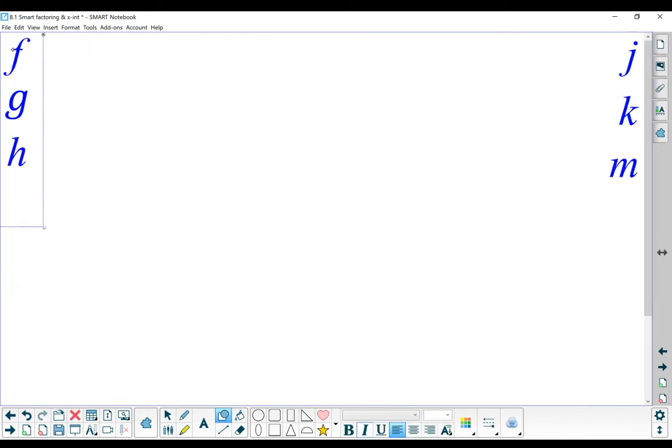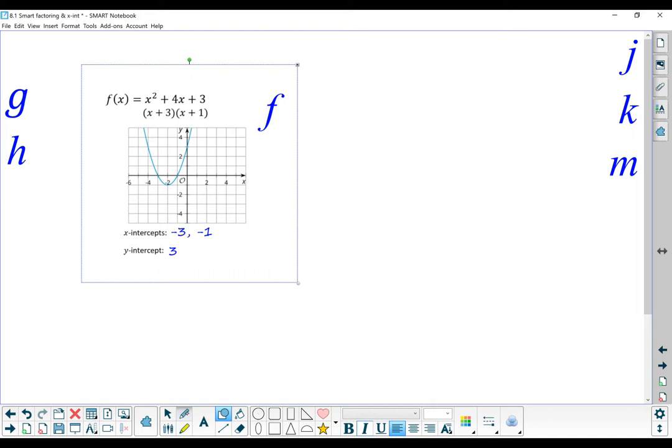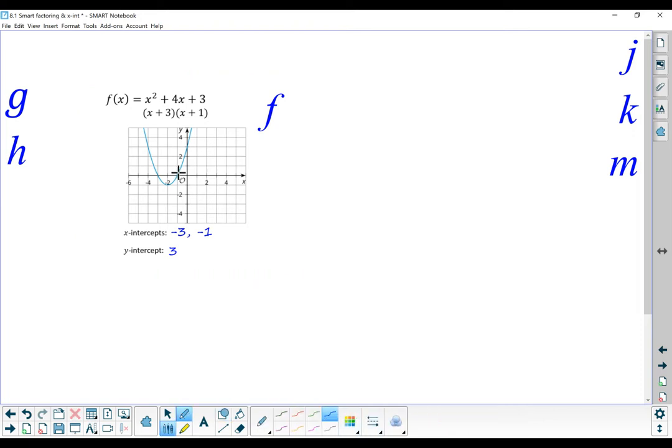So our first graph, if you wrote down the intercepts, you probably wrote down that they are located at -3 and -1. Right here at -3, here at -1. And the y-intercept is at +3. Let's pick another one.